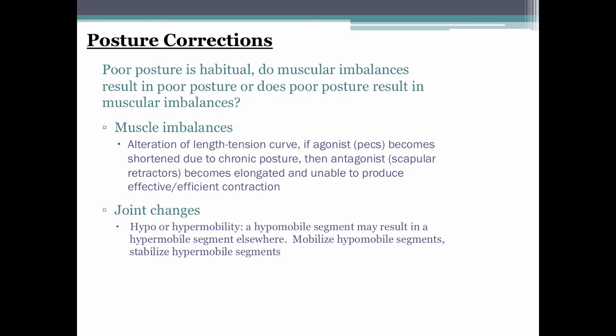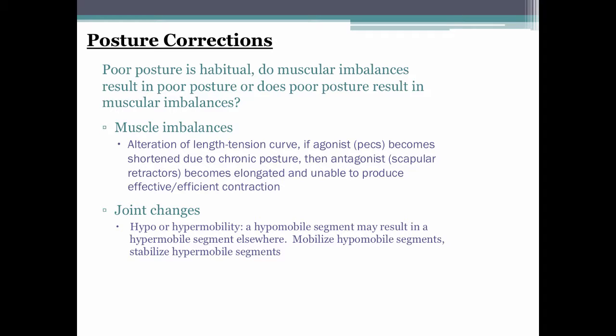That's what we're seeing with the upper cross syndrome. Did it begin with this person having weakness in the scapular retractors, which then made them sit with poor posture because those muscles couldn't hold them upright? Or maybe somebody did too much chest work and now their pecs have overworked and overpowered the antagonist, the scapular retractors. Chicken and egg type of thing.